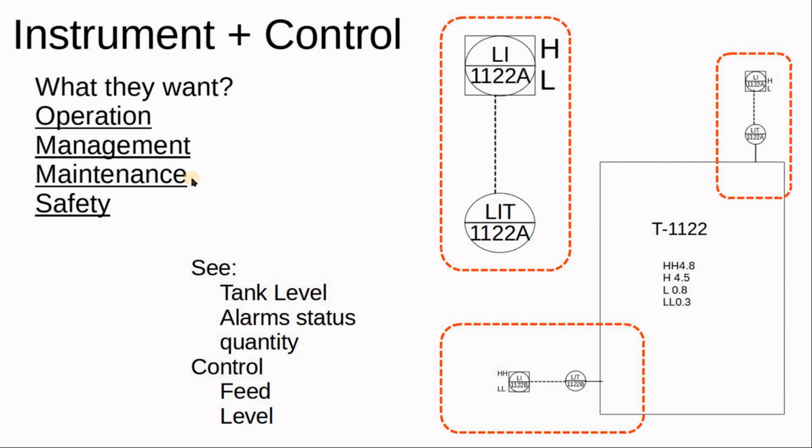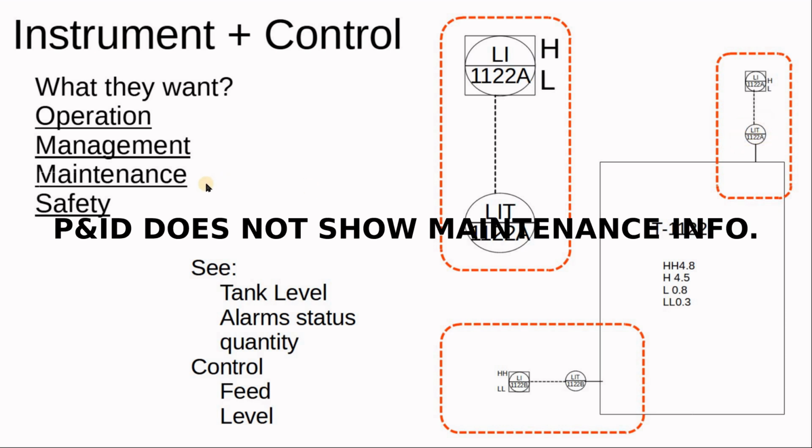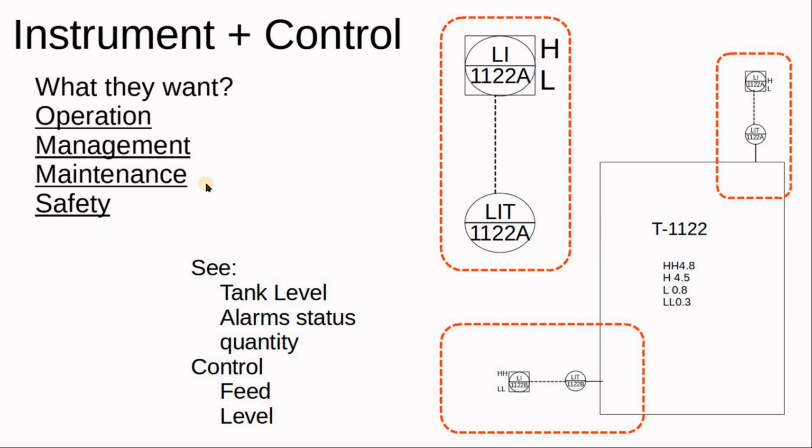We show the transmitter failure by a small triangle, changing the color of the signal, so you know that the level you see from this transmitter is not valid. You have a problem with the transmitter. The maintenance engineers have their own DCS screens, their own graphics, and they show more data, let's say power supply status, network switch status, and so on. This is on the maintenance side, it's not on the P&ID.